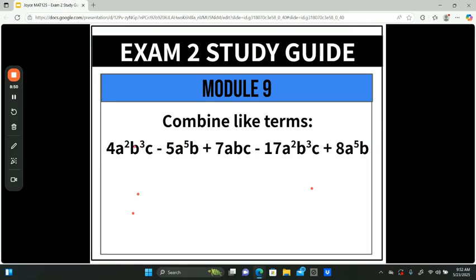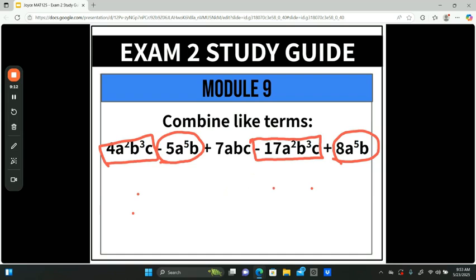So I see one right here with this one over here, and the sign in front of the coefficient gets included. So I've got those two, and then I've also got one right here. I'm going to make this one a circle, and one right here. So now I'm just going to add or subtract the coefficients with this that are like terms.